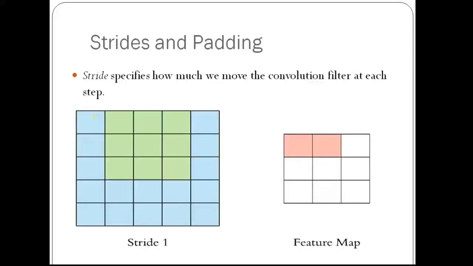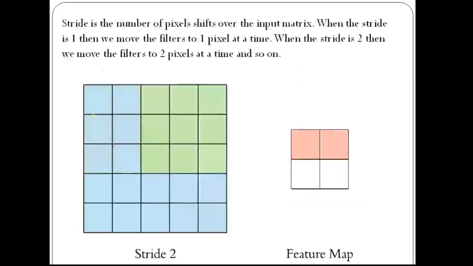Stride means how much we want to move our filter or kernel in the input image. Suppose we want to move the filter by 1, then stride is 1. If we want to move the filter by 2, the size is reduced more.